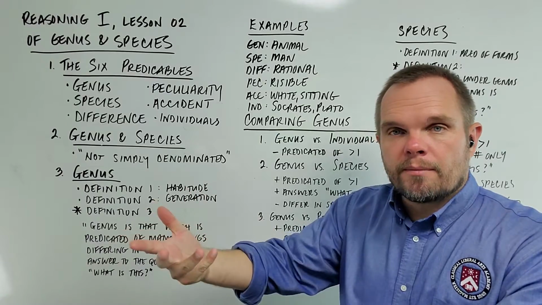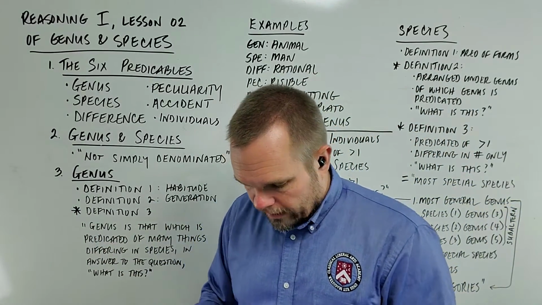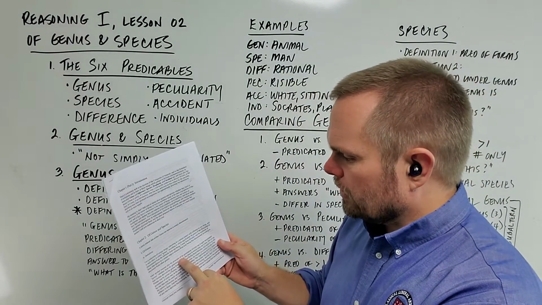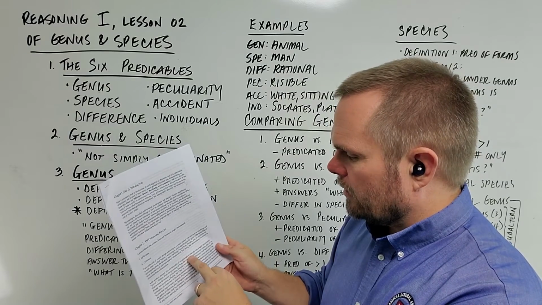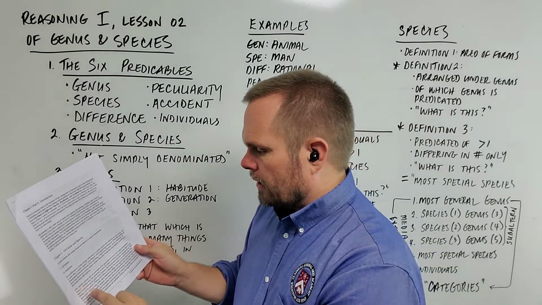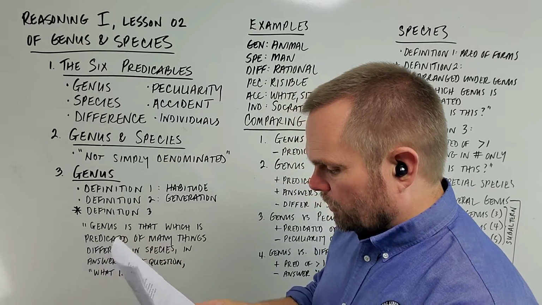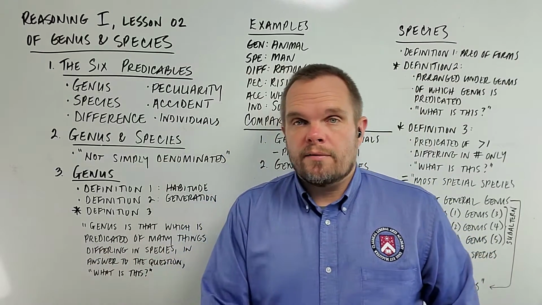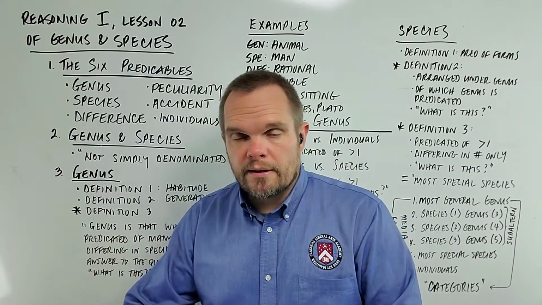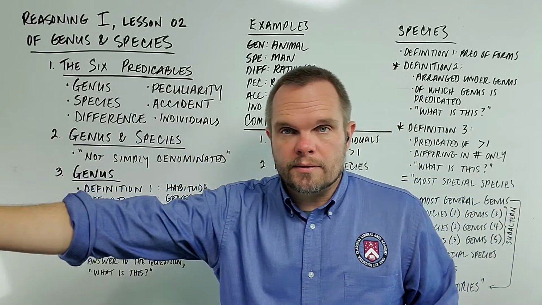The second way that genus is used has to do with generation, okay? Generation means coming from something or being born out of something. He explains right here in the lesson, after another manner also, the principle of the generation of every one is again denominated genus. Okay, and he gives some examples. He says, not only does this refer to, let's say, the Heraclidae being the sons of Heracles, it could also mean that, for example, Plato is from Athens, okay?